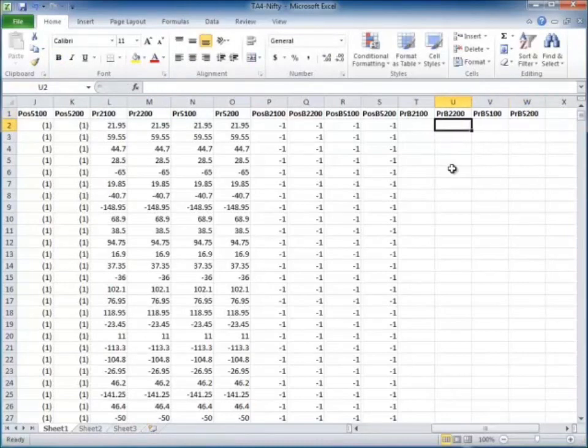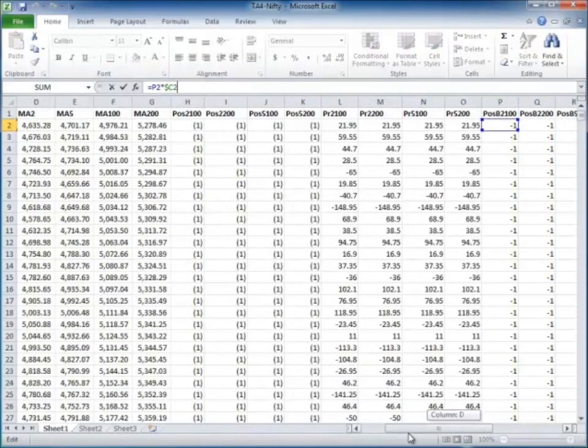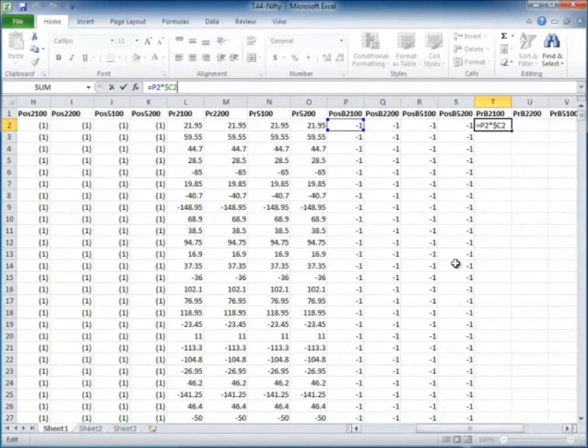Right, so the profit is just going to be the position times, in fact I can just copy the formula across from here. If I copy that, it should give me the position there times C, which is the change. Yep, perfect.